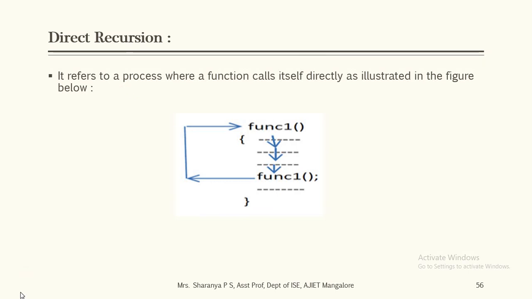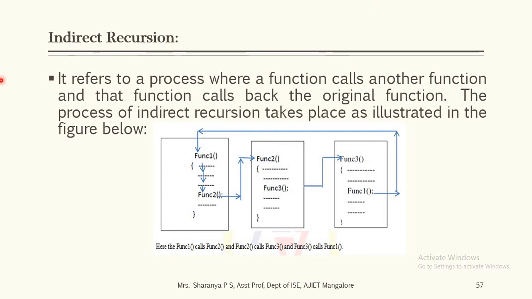Next, coming to the second type, that is indirect recursion. This is the process where a function calls some other function and that function calls back the original function.